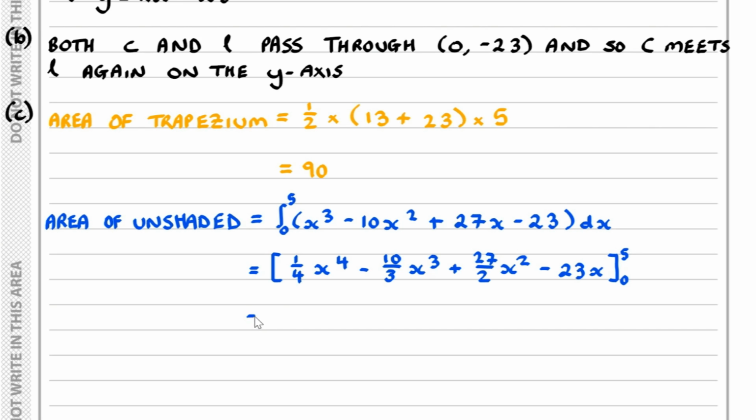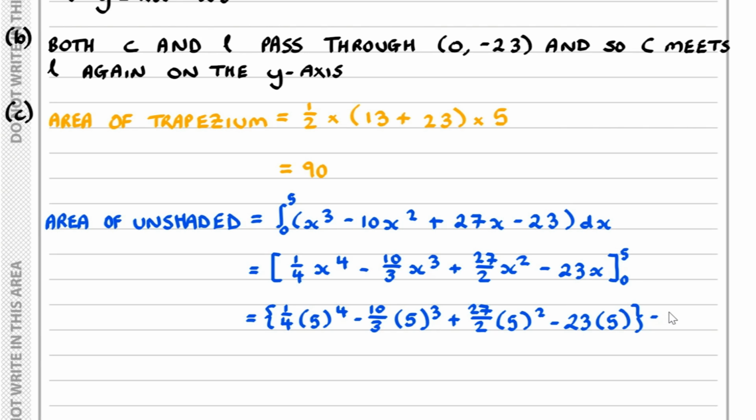So, for our upper limit, we've got 1/4 lots of 5 to the 4 minus 10 over 3 lots of 5 cubed plus 27 over 2 lots of 5 squared minus 23 lots of 5. For our lower limit, of course, we just have 0.